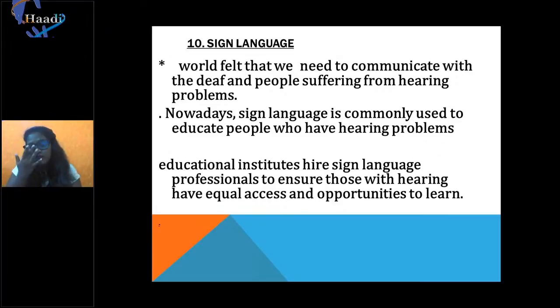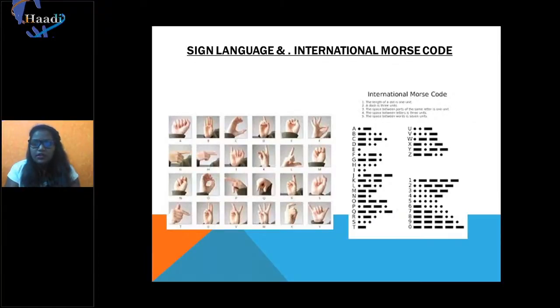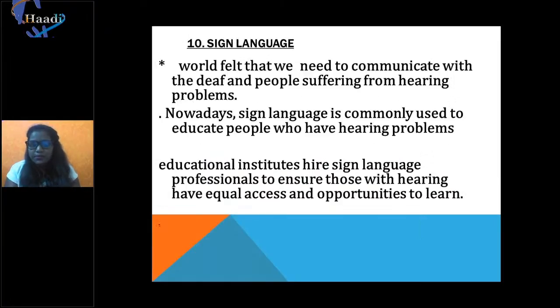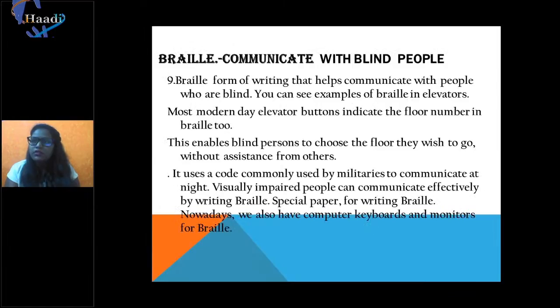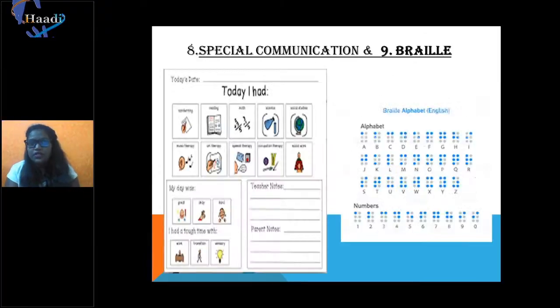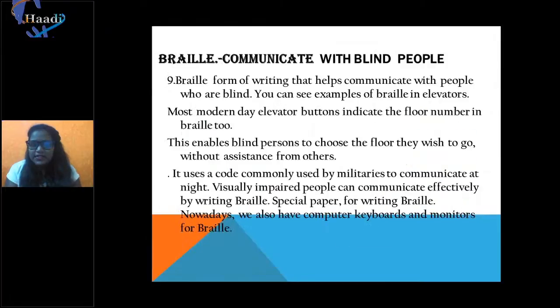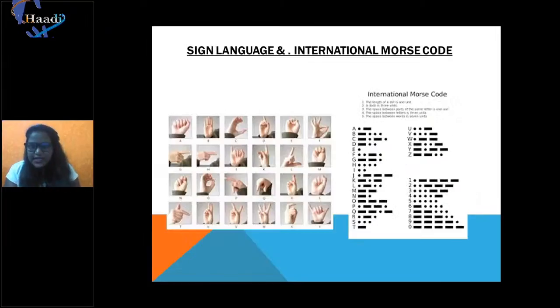Educating in sign language ensures that those with hearing problems have equal access to opportunities to learn. So nowadays, colleges also hire teachers who can teach sign language, in colleges and in schools too.